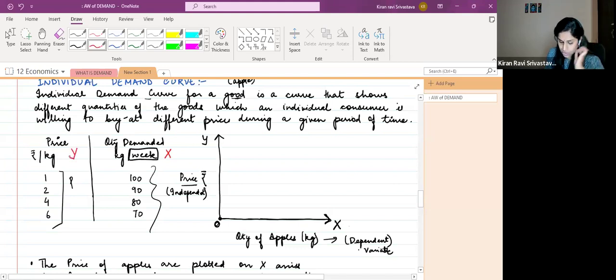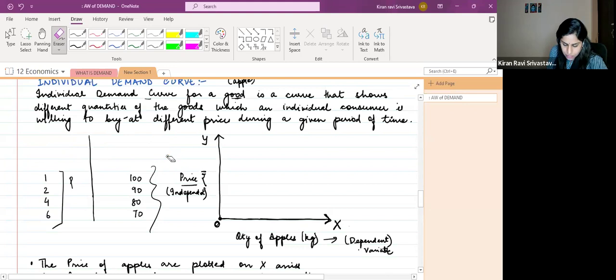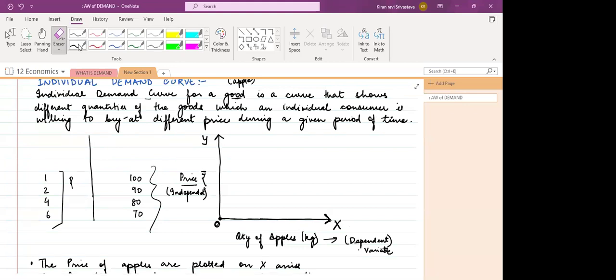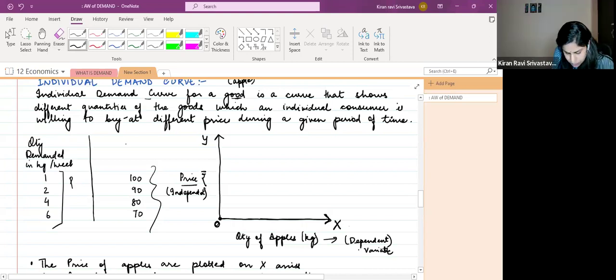Okay. So now see. I think I have made a mistake. One second. I have also made a mistake. So this was my quantity demanded, in kg per week, and this was my price.